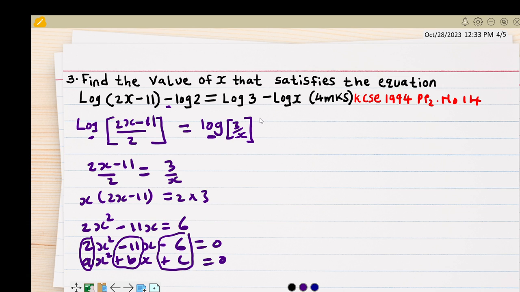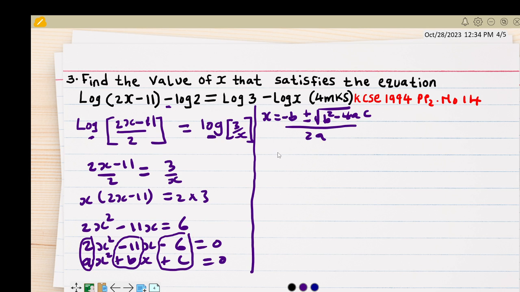So I'm going to use the quadratic formula to solve it. The quadratic formula requires that the value of x be equal to negative b plus or minus the root of b squared minus 4ac, then the whole thing divided by 2a. So this will be equivalent to negative b. The b is negative 11, so this will be negative of negative 11, then plus or minus the square root of b squared.